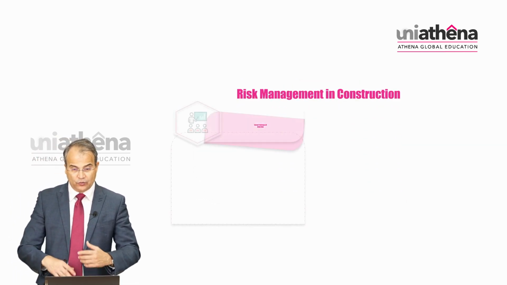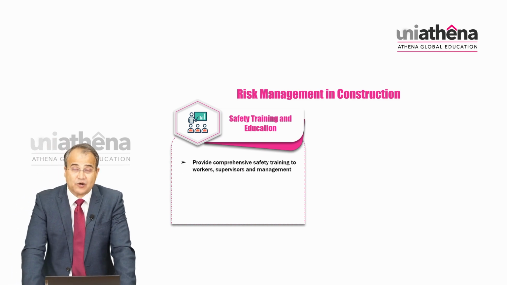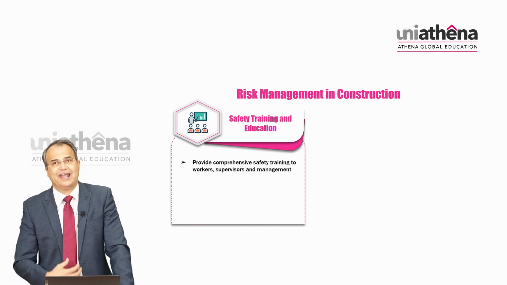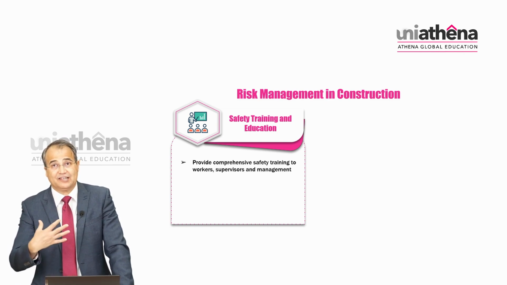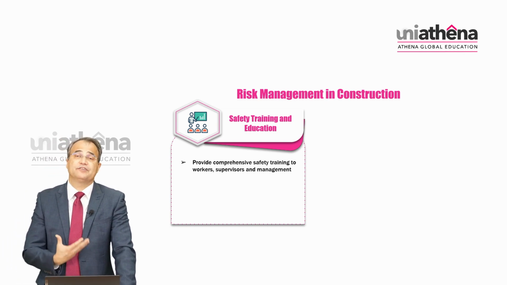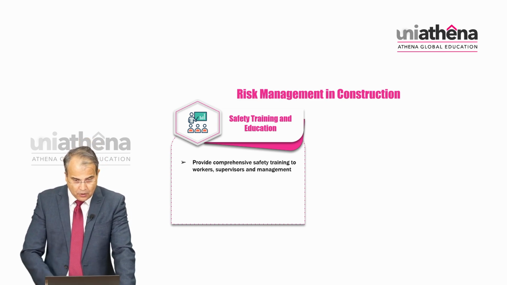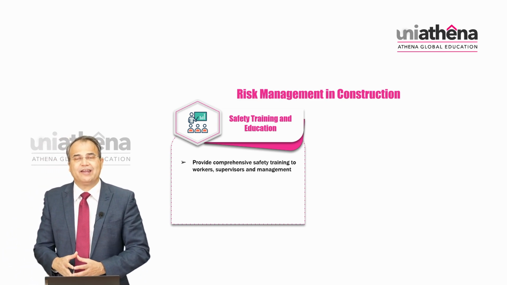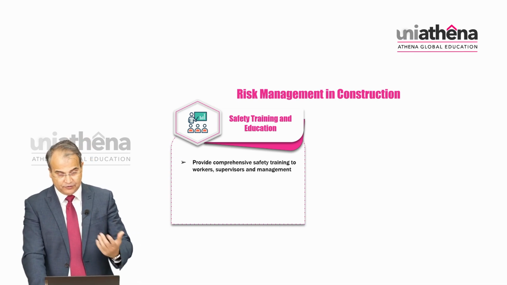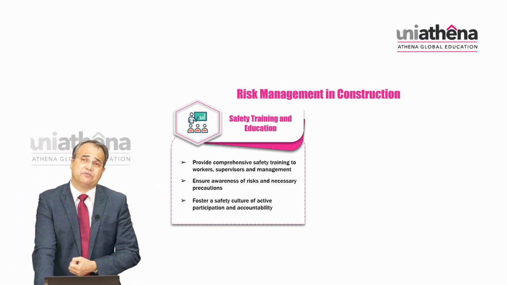And then, in risk management in construction, something very, very important: safety training and education is an important part of this prevention. If you do not train people properly, there is going to be a problem. People should be provided the right kind of training to overcome all of these problems, and education is very, very important.